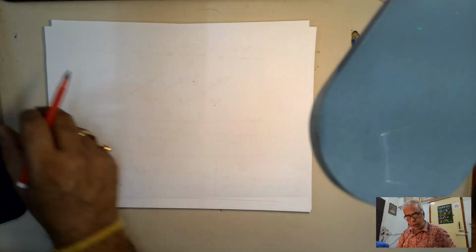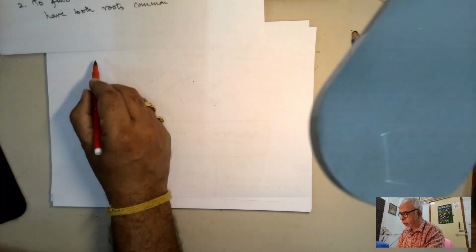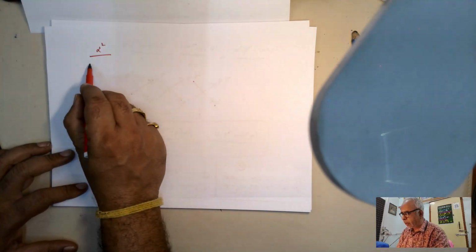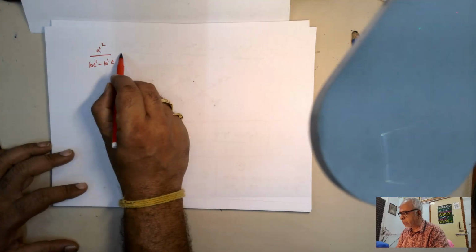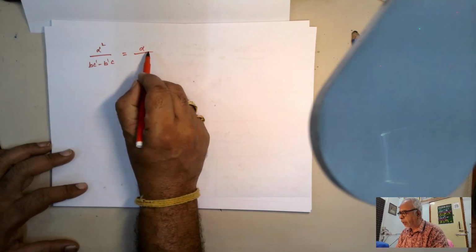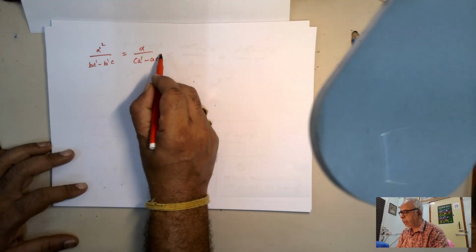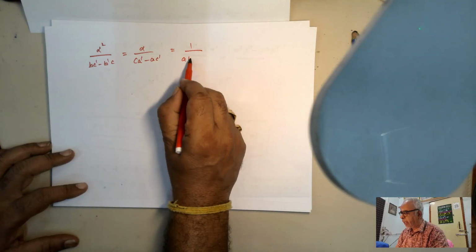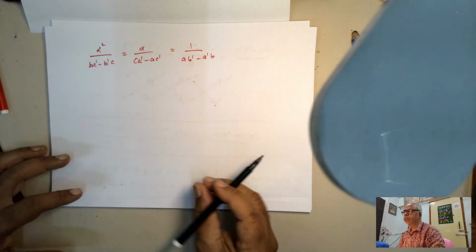Now, based on that, let us proceed. So I have already arrived at this: alpha squared divided by BC dash minus B dash C is equal to alpha divided by CA dash minus AC dash is equal to 1 divided by AB dash minus A dash B. Okay.